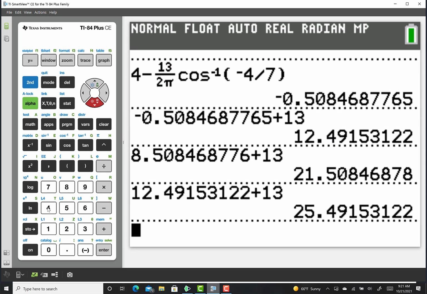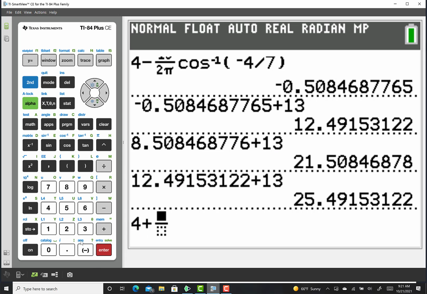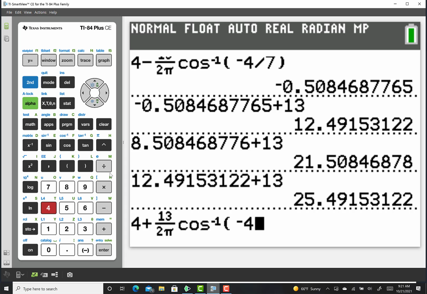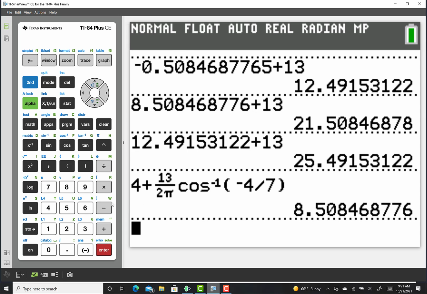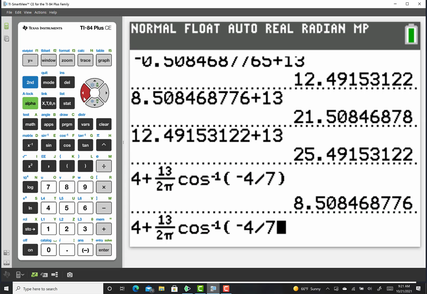So you go 4 plus, and then alpha y equals, enter. Then you get a little fraction there. See? And then 13 over 2 pi. The pi is where the caret is at. And then our cosine. And then negative 4/7. Yeah. Why is there a blank space? After that, you just get the other one by just scrolling up and changing the plus to a minus.